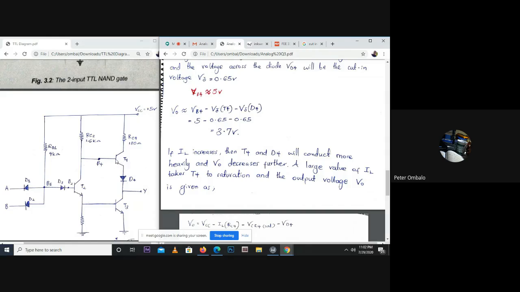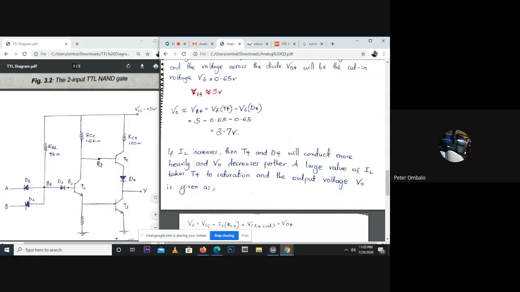But remember, it's just going to be the cut-in voltage because the transistor is just conducting. So the cut-in voltage is going to be dropped here for the transistor, and the cut-in voltage is going to be dropped here as well for the diode. We have been given VB4 as approximately 5 volts because perhaps the drop here is negligible.